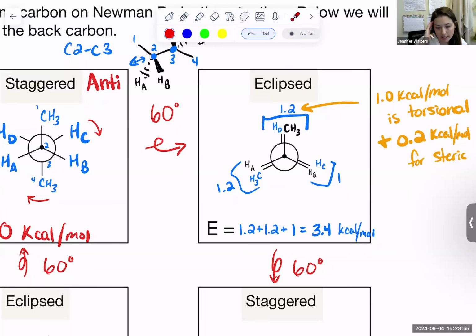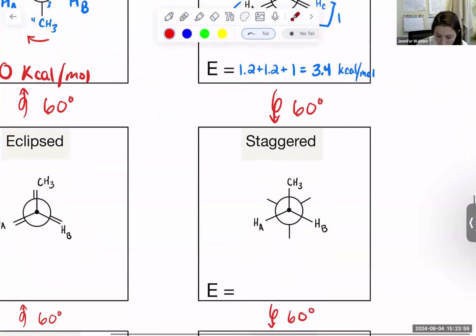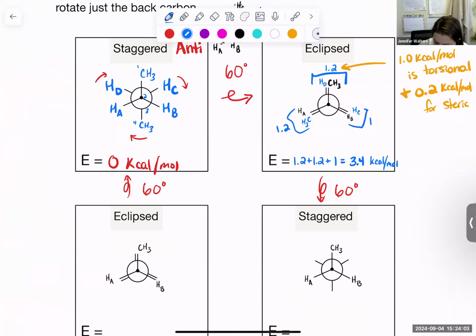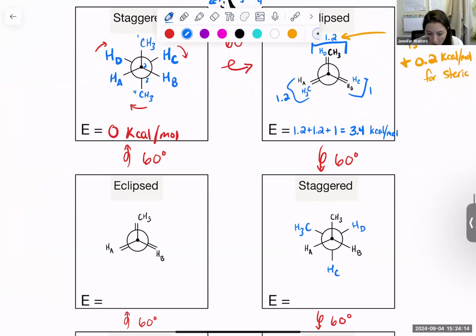All right, let's rotate that back carbon another 60 degrees. Now HD is in the upper right, HC is straight down, and carbon 4 is in the upper left. Now I see a Gauss interaction, so this is going to be staggered and Gauss.